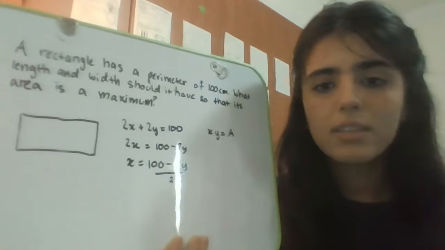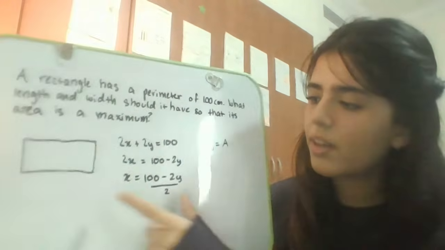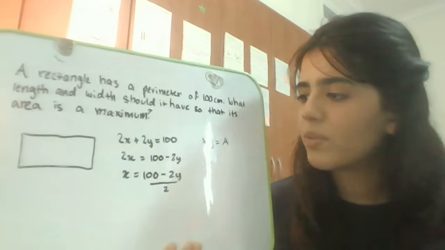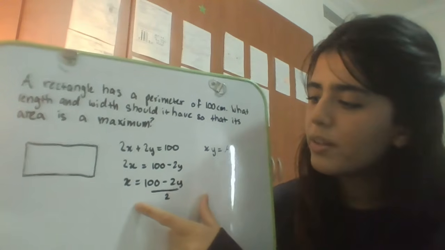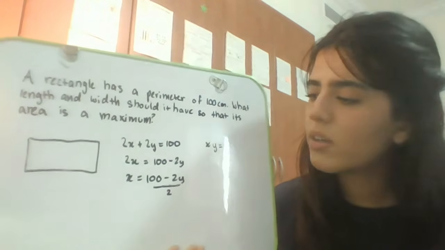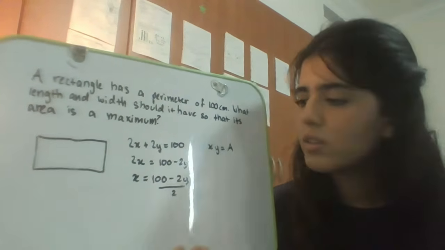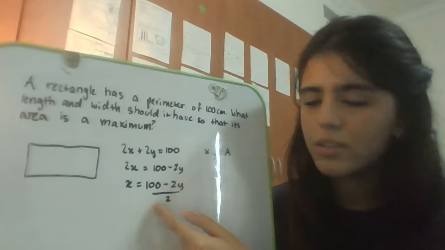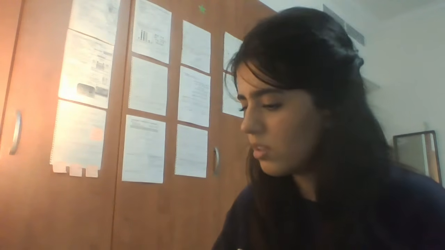Okay, guys, here I rearranged it, and just like I mentioned before, you will do 100 minus 2y all divided by 2. So now that you have a denominator, look for a way to simplify this. You can divide both terms by 2, so you can just directly do that. I'm going to write it down real quick so it's easy to see.